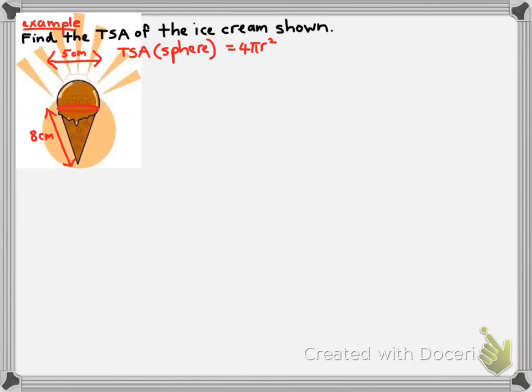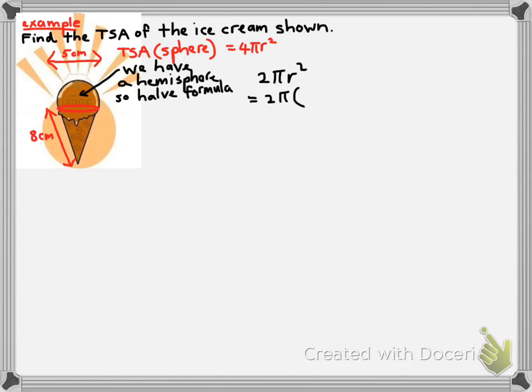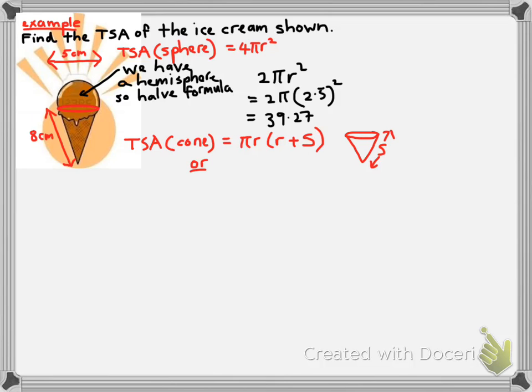The total surface area for a sphere, the formula is 4 pi r squared. So we have a hemisphere, so we halve that formula, which is 2 pi r squared, and we'll calculate that using a radius of 2.5. That gives us 39.27.